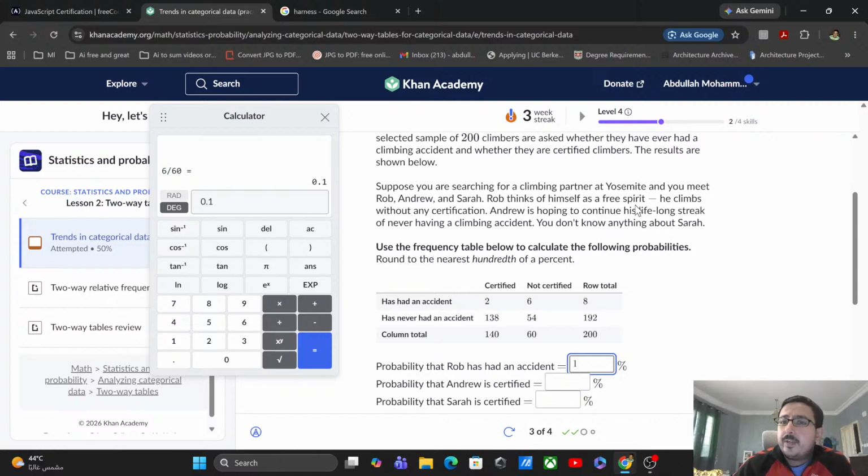He thinks of himself as a free spirit. He climbs without any certification. He is not certified. He has an accident. 6 out of 60. Not certified people.